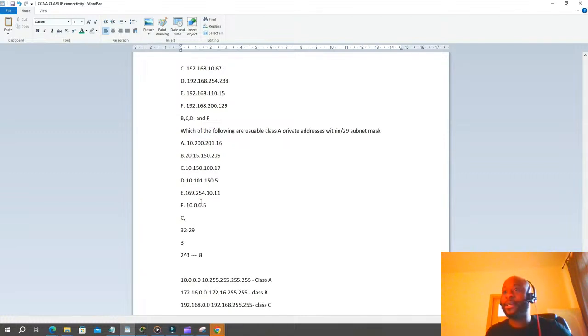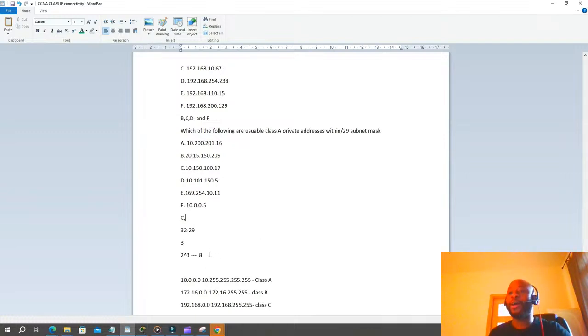Then 10.101.150.5. In this case, as you can see, this is also going to work because it's within the first range, which is 10.101.150.0 to 7. So you cannot use 7, but you can use 5, 6. You can use 1, 2, 3, 4, 5, 6.